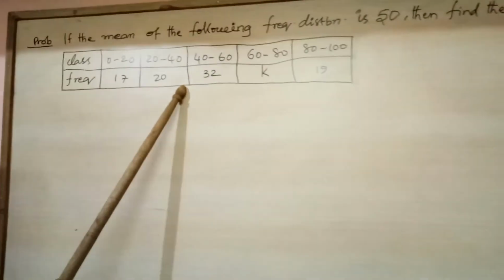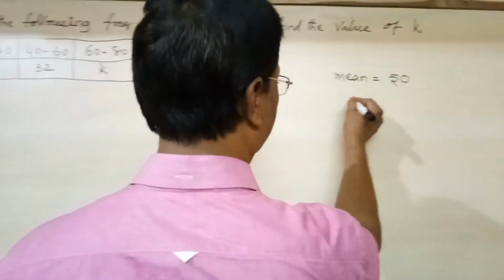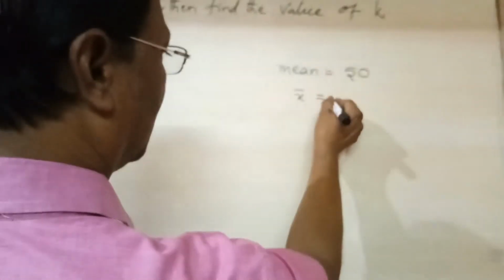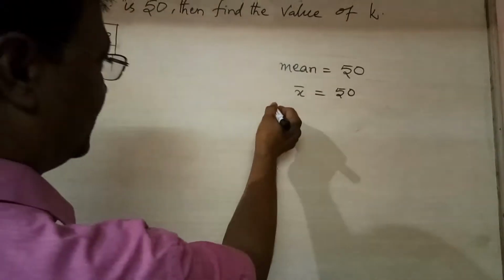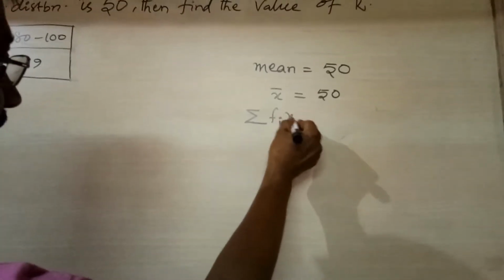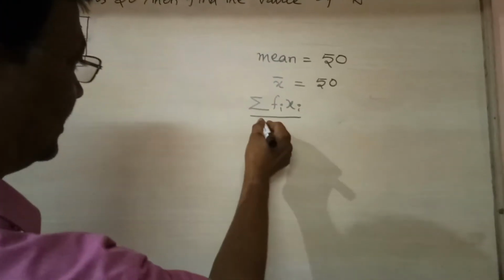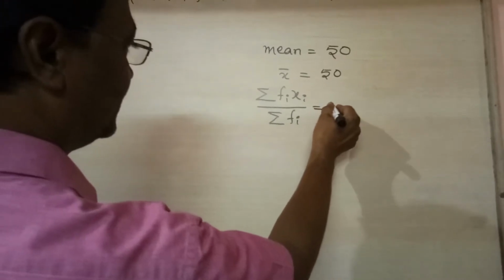Here, this is grouped data. For grouped data, the formula for mean, which is denoted by x bar, is sigma fi xi by sigma fi.